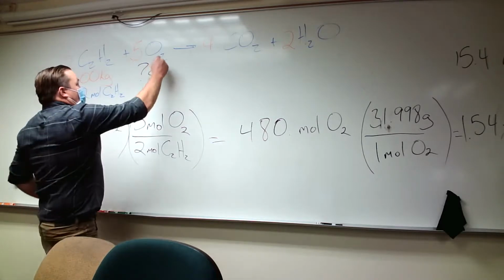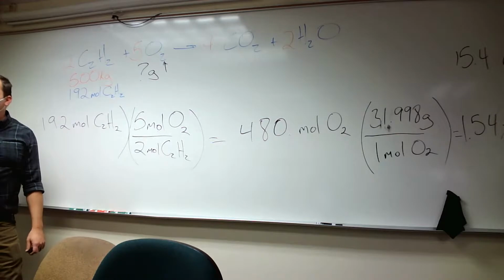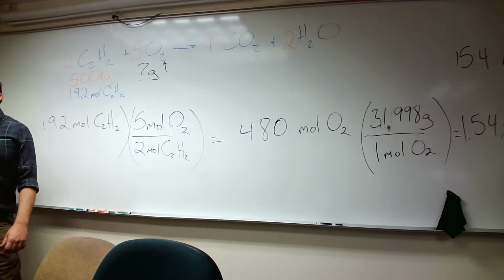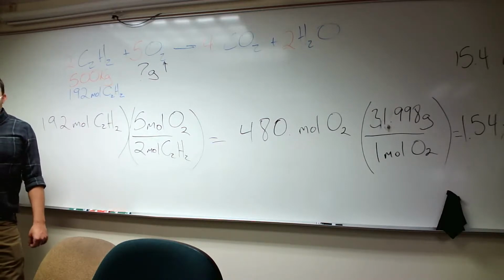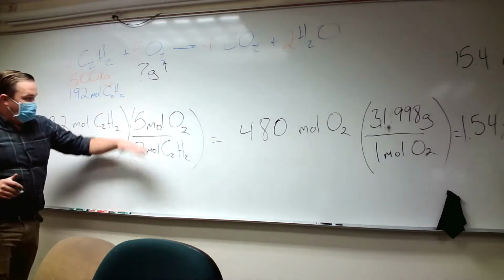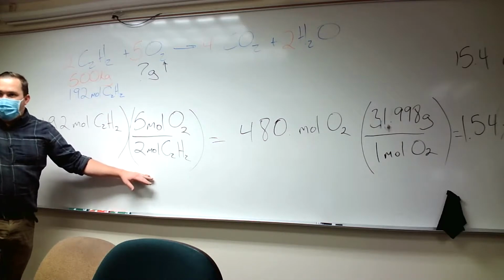So only this 2 matters when it comes to finding your molecular mass, because the molecular mass is not dependent on the reaction being balanced. The molecular mass is dependent on what the compound is, right? So the coefficients are only going to get used in our stoichiometry steps. No impact on molecular mass.